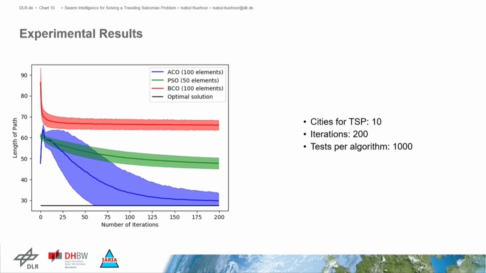So for the ant colony optimization, we had a parameter to define the balance between exploitation and exploration. And we had 80% on exploitation and 20% on exploration. And you can see that the swarm converges towards a relatively good solution in comparison to the others.